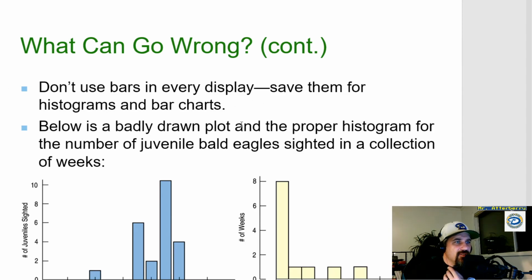Below is a badly drawn plot and the proper histogram for the number of juvenile bald eagles cited in a collection of weeks. So weeks: week 2, week 4, week 6, week 8, week 10, week 12. Okay, number of juveniles cited over the number of weeks. Which one looks better?